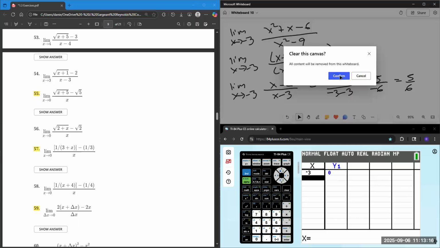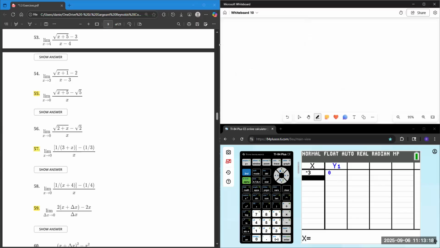We're going to have to rationalize the numerator for this one. Limit as x goes to 0 of root x plus 5 minus root 5 over x. So we're going to multiply by root x plus 5 plus root 5 over root x plus 5 plus root 5.